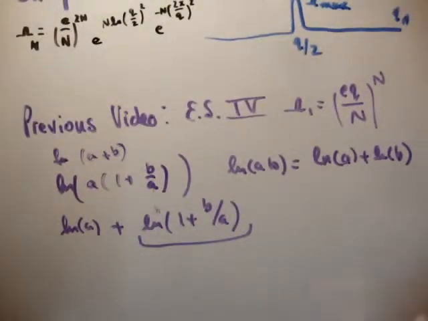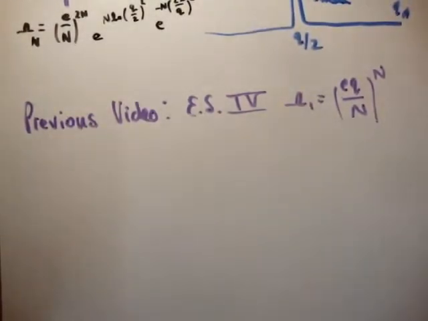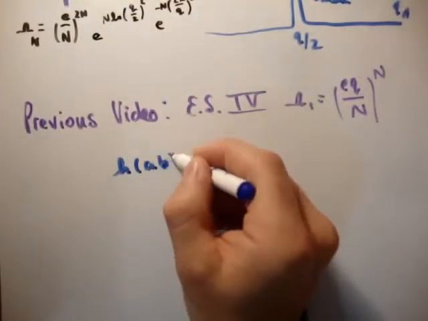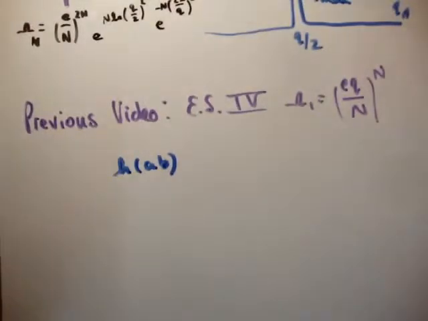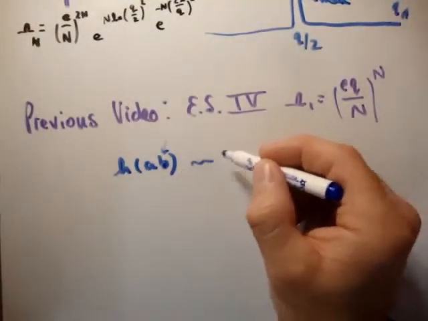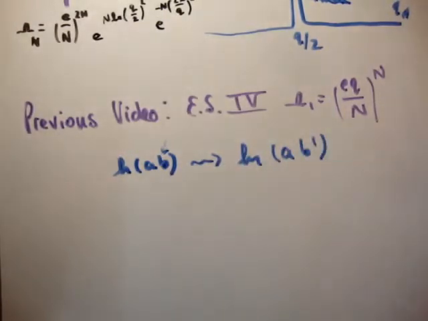Is there anything else that we need to remind you of? Just one more thing. We'll see in a moment that I'm going to have, at some point, the natural logarithm of a times b, two functions, a and b. But I will be manipulating b to become b prime. So eventually, this is going to become the natural logarithm of a b prime. But at no stage am I going to manipulate a.